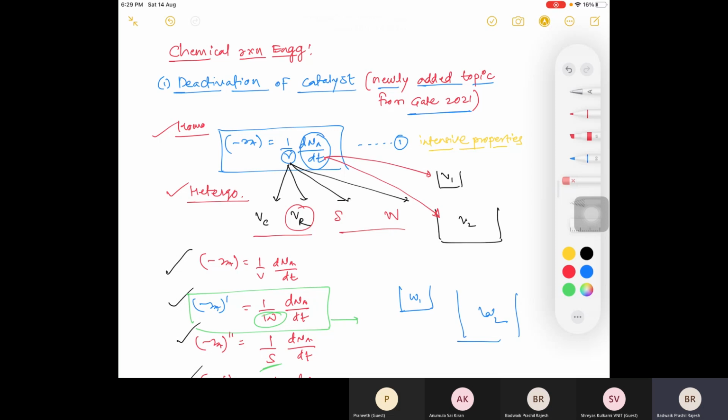Suppose I am using a catalyst in any process, the activity of that catalyst goes on decreasing as I am moving ahead in time. So after 12 months, after 1 year, 2 years, there will be a decrease in activity of catalyst, and how that decrease in activity is going to affect the rate of reaction that we are studying.